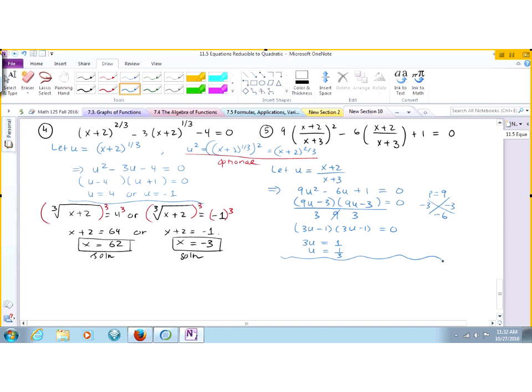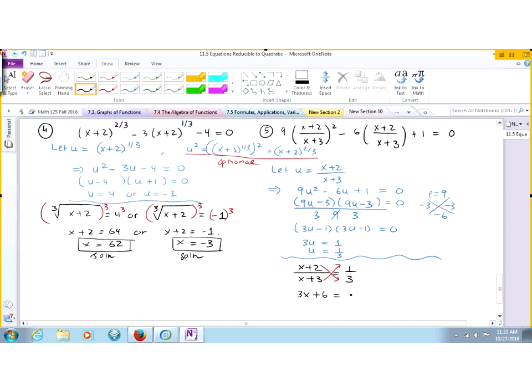Are we okay so far? Okay. Then x, what am I supposed to write here? x plus 2 over x plus 3 is equal to 1 over 3. Then cross multiply.